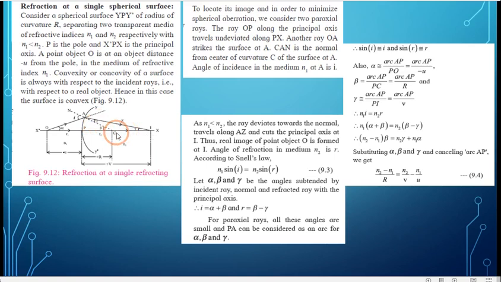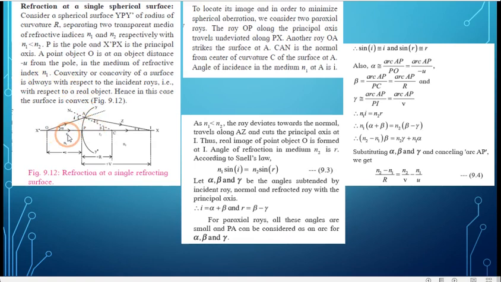Now according to Snell's law, mu2 upon mu1 is given by sin I upon sin R. So mu1 sin I is equal to mu2 sin R. Now you can see here angle alpha, angle beta and angle gamma.